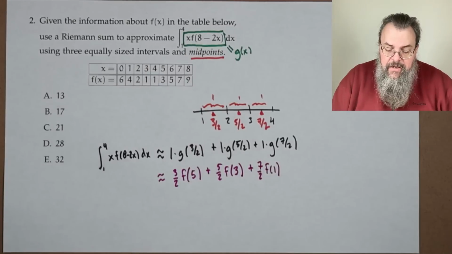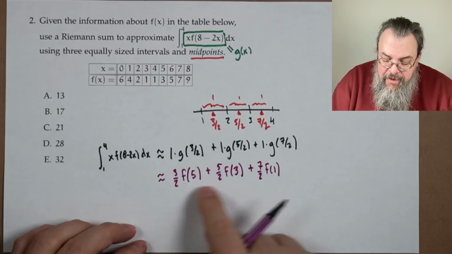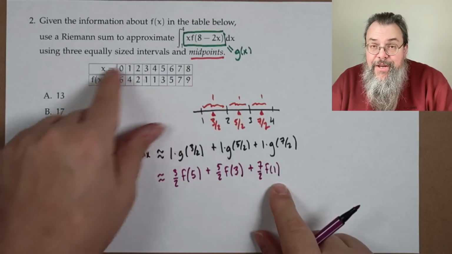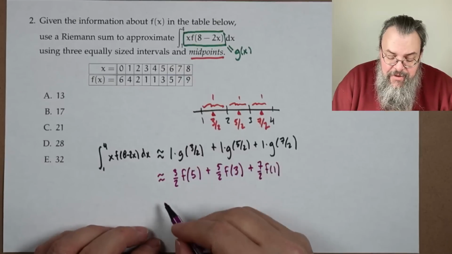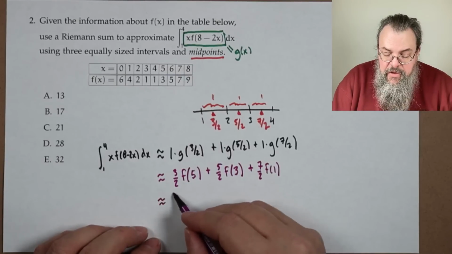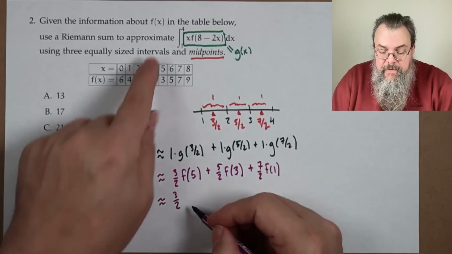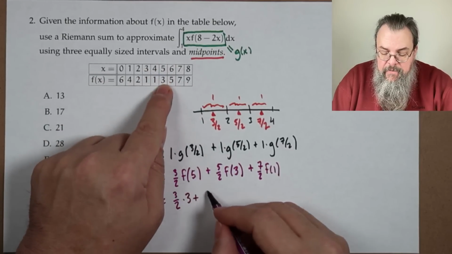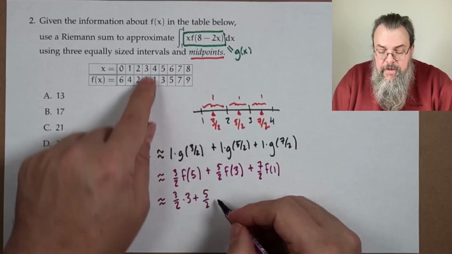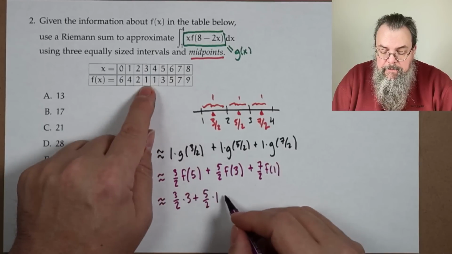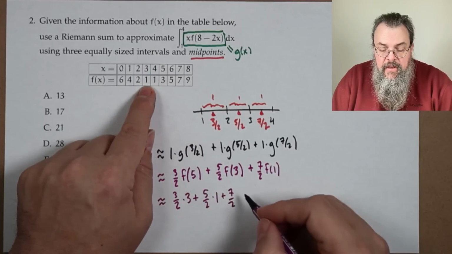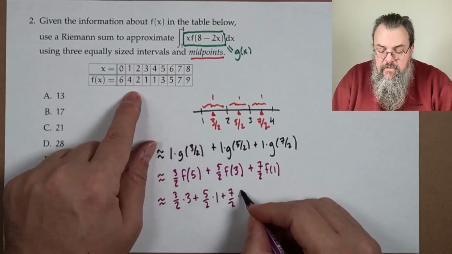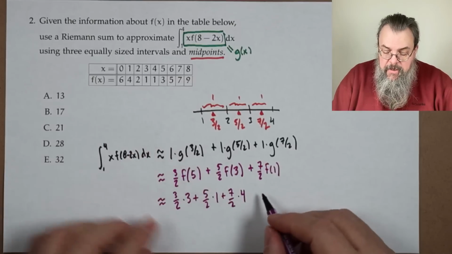Okay, do we know these values? That's where the table comes into play. So this is approximately 3 halves times f of 5, well, that's 3. 5 halves, f of 3 is 1. And 7 halves, f of 1 is 4. All right, so let's see.